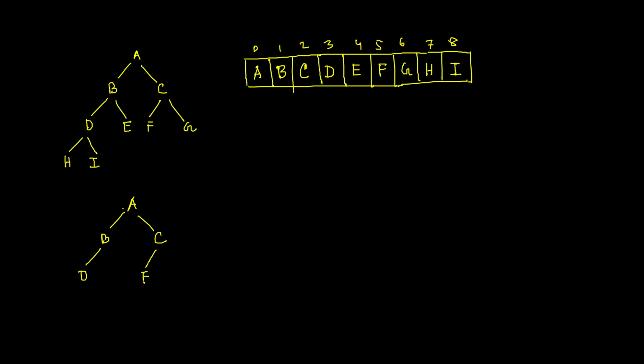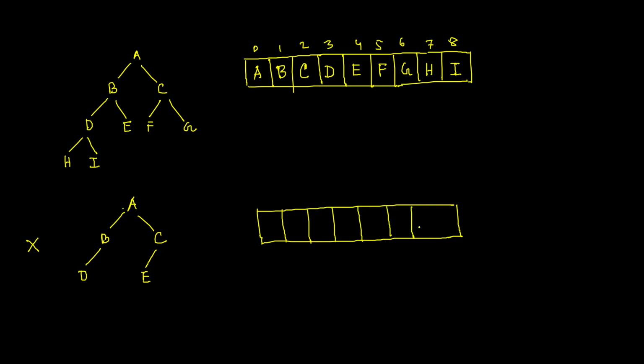Suppose this is obviously not a complete binary tree, but if we want to do the same thing for this case also, I mean, I want to put the values of the different nodes of this particular tree in an array, and if the array starts from 0, you see what will happen. We have a number of locations over here, maybe it will exceed the number of values present in this tree.